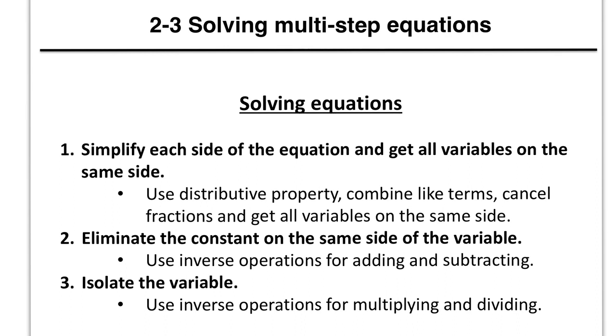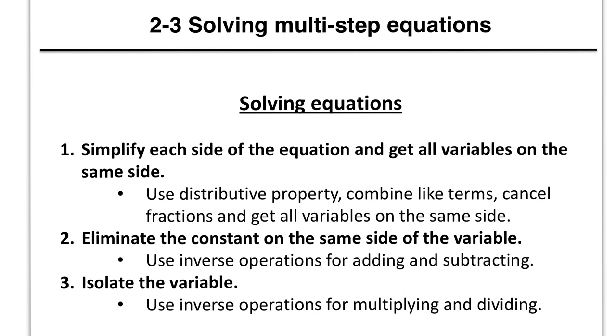There's a lot of work in that, but it's going to help you solve for the variable. Step number two, you are going to eliminate the constants. Now this is very important: the constants on the same side as the variable, not on the other side. You have to know where the variable is. Once you know where that variable is, you eliminate the constants on the same side of that variable.